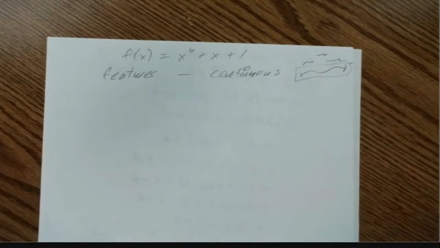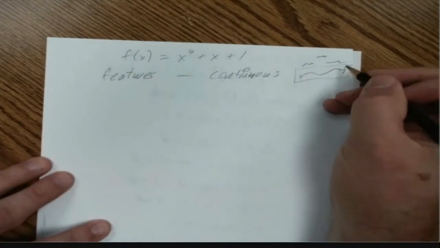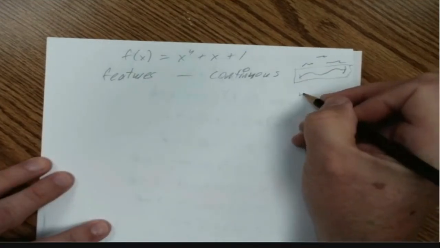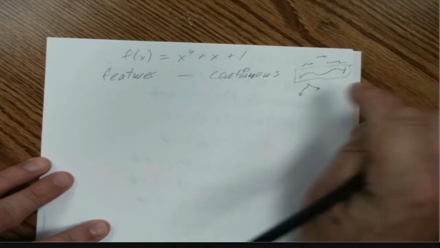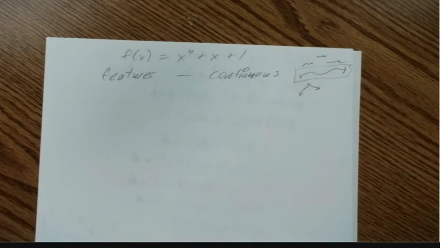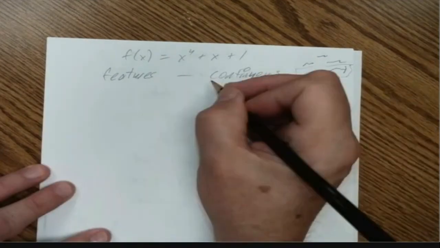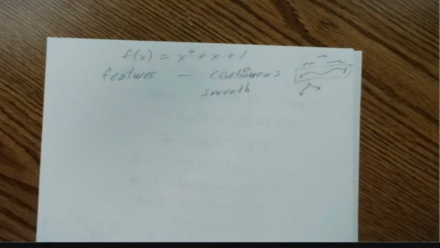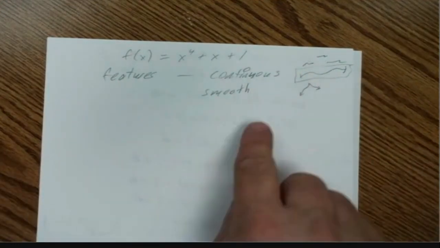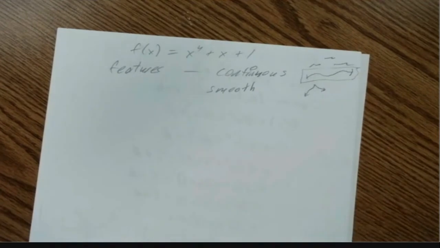And then the other thing is it's smooth. It doesn't have a point like that. There's no points in the graph. It's going to be a smooth, continuous graph. So smooth curves, right? So that's what we're looking at. Smooth, rounded curves, no sharp points. That's some of the features when we graph a polynomial that we understand about that.